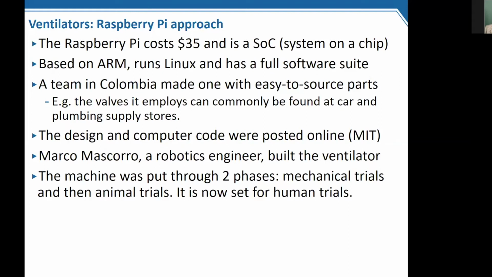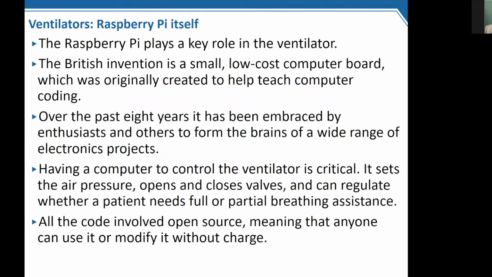So recently in March, a team in Colombia used a design from MIT, and they built this ventilator just buying parts from plumbing and car parts stores. They were able to mechanically put it together and use the code, and it's only about 200 lines of Python code that they used to control the ventilator, with the Pi running it. I'll have a picture of that.